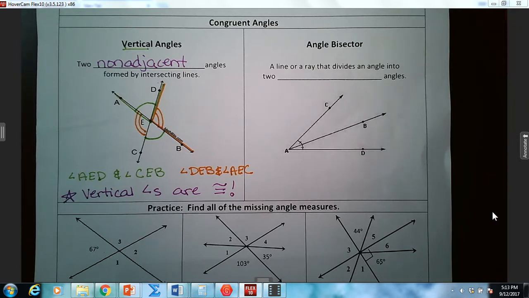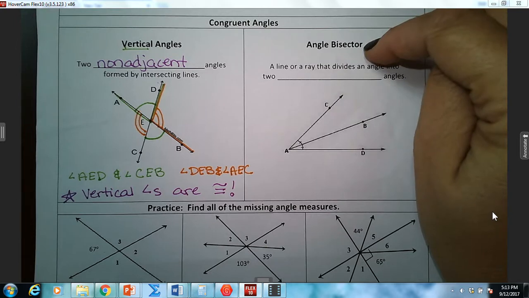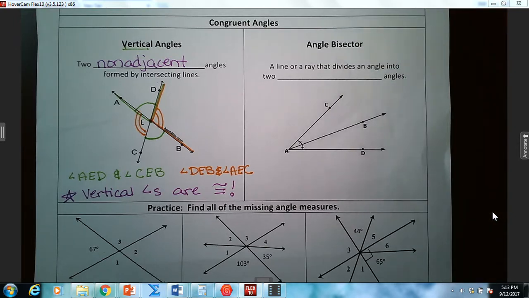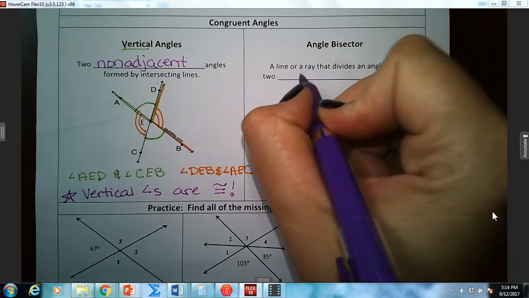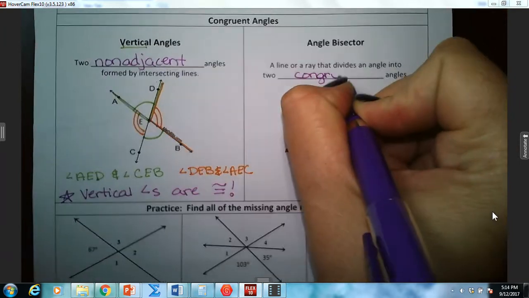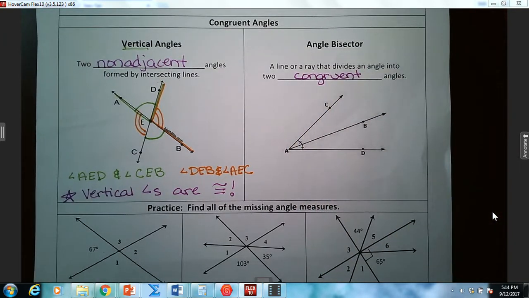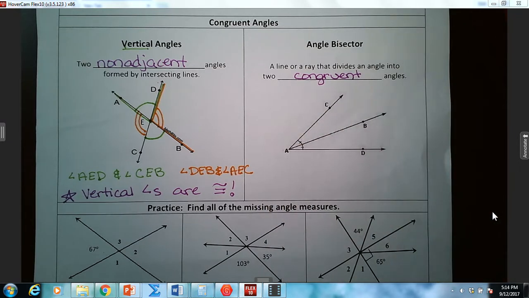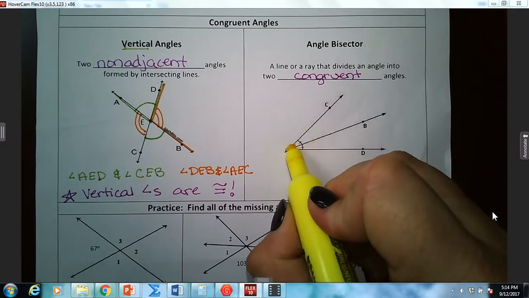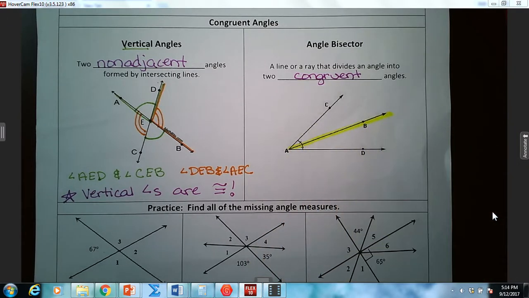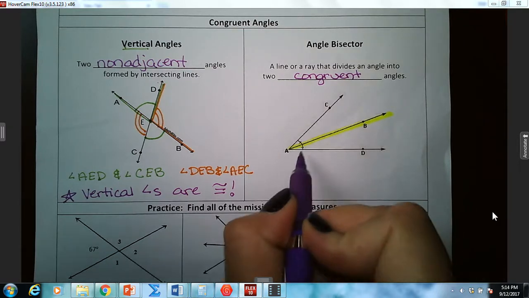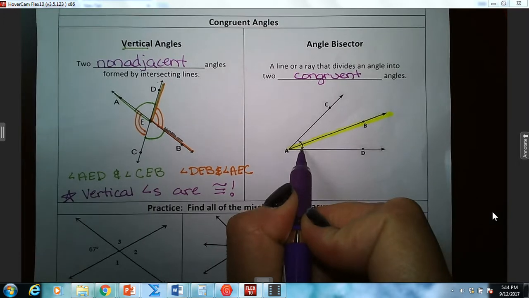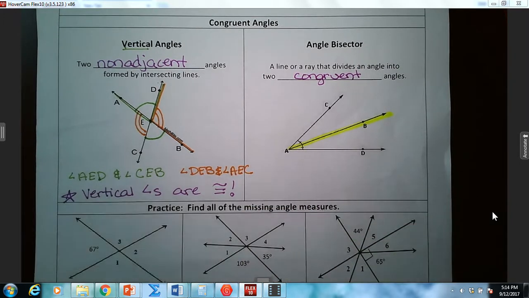Another way to make congruent angles is to use what's called an angle bisector. An angle bisector is a line or a ray that divides an angle into two congruent angles. So in this picture, we've got the big angle, CAD, and then we've got this line cutting right through the middle of the angle. How do I know that that's exactly through the middle? Well, look at these markings here. We've got that congruent measure mark in there.